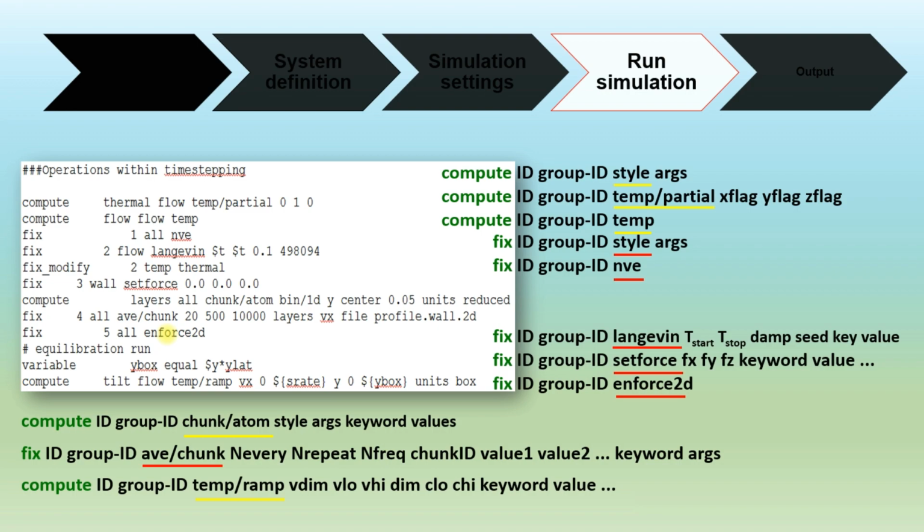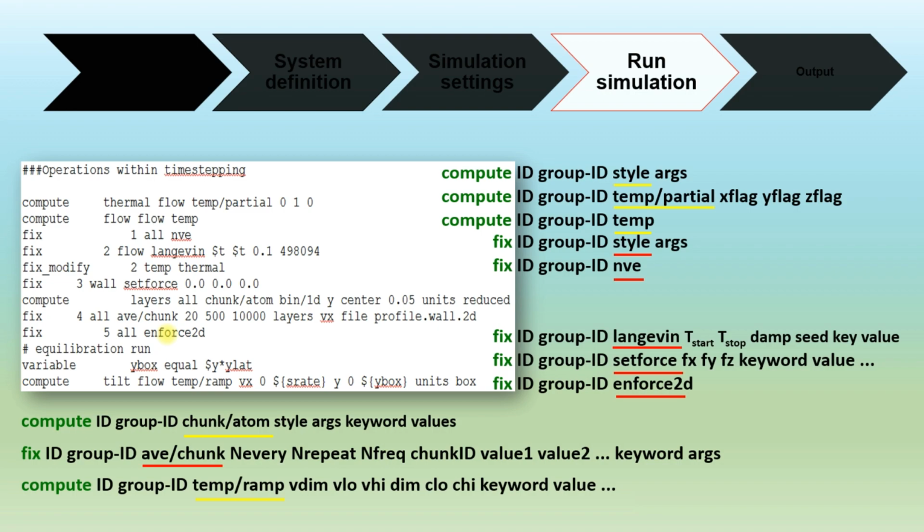Next important command is compute chunk/atom with style bin. It defines a computation that calculates an integer chunk ID from 1 to N chunk for each atom in the group. Values of chunk IDs are determined by the style of chunk, which can be based on atom type or molecule ID or spatial binning or per atom property, or a value calculated by another compute, fix or atom style variable.